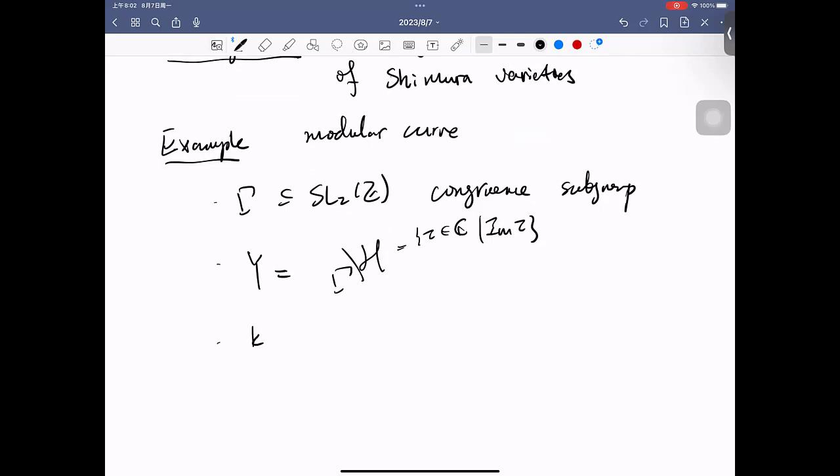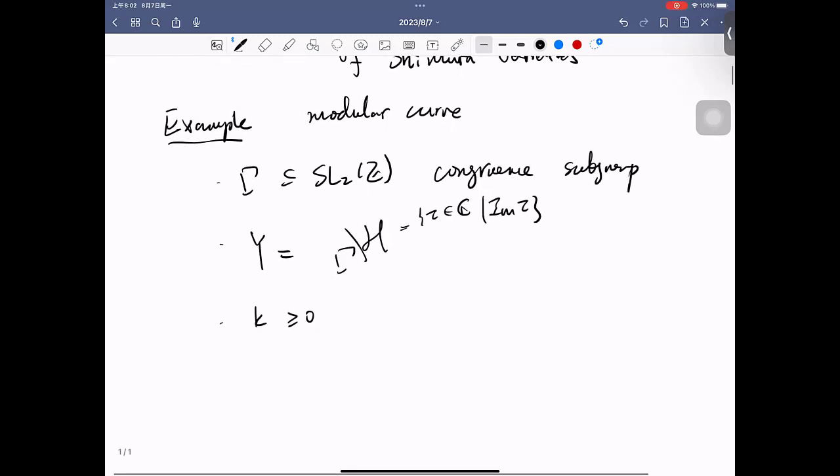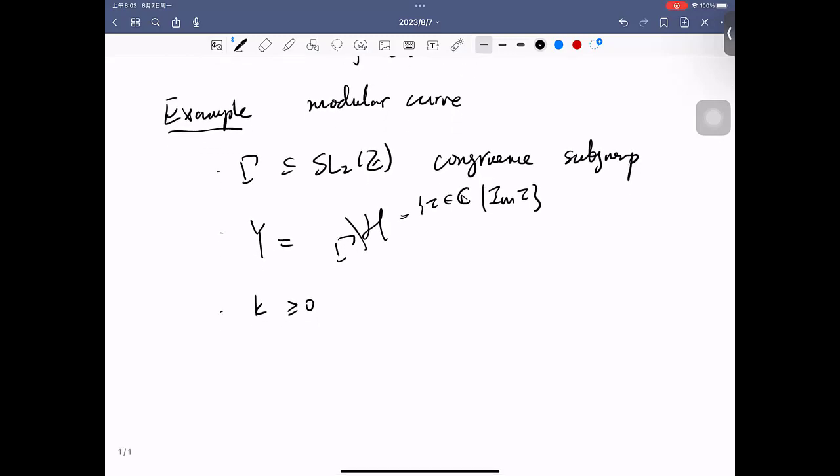And we can consider its cohomology with coefficients indexed by a non-negative integer k. So given k, gamma is a subgroup of SL2(Q), which has a standard representation on the two-dimensional vector space.